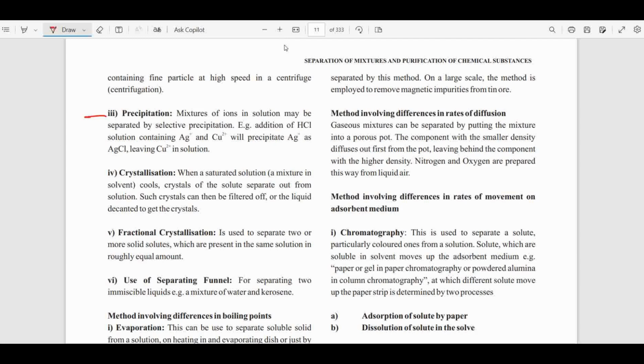And usually this can be aided by certain solutions. Certain solutions can actually promote the process of precipitation.